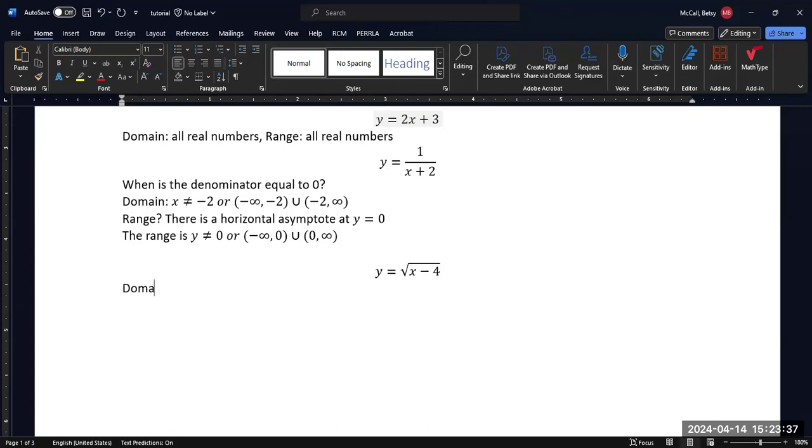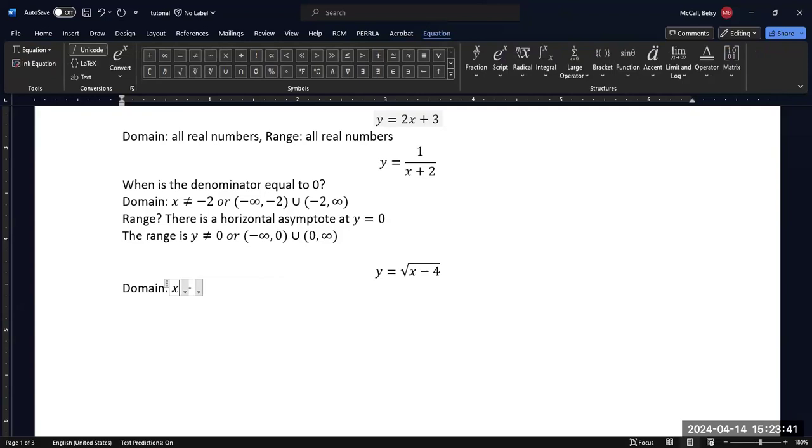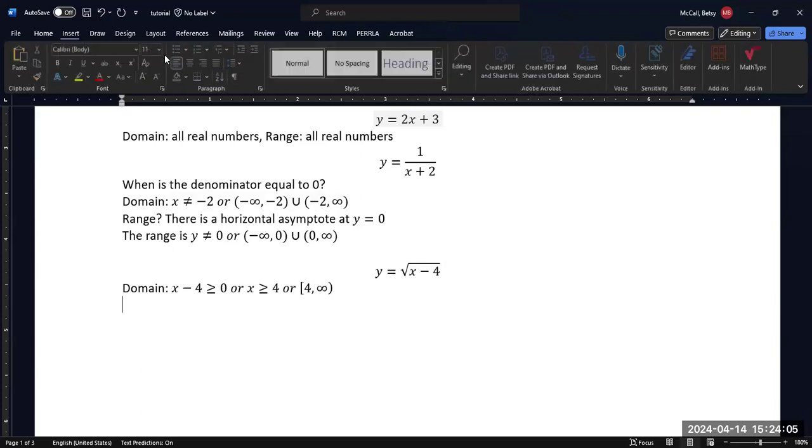So for this one, the domain essentially depends on x minus 4 greater than or equal to 0, or x greater than or equal to 4, if I move the 4 to the other side. Now x greater than or equal to 4 in interval notation is starting at 4 and then going to infinity.